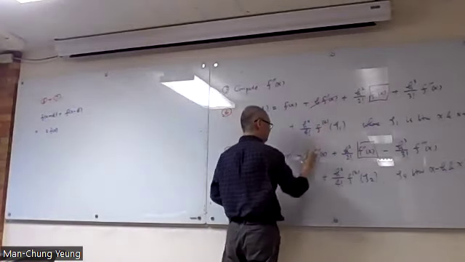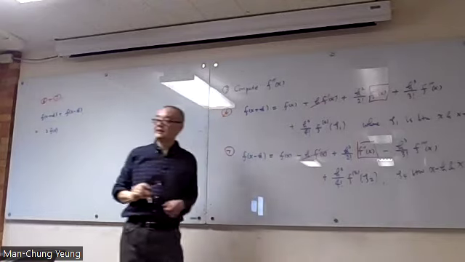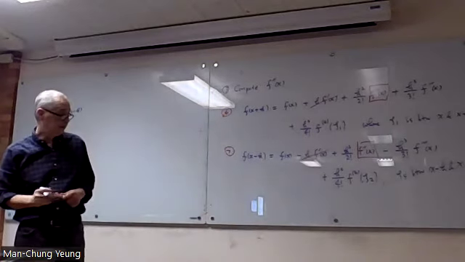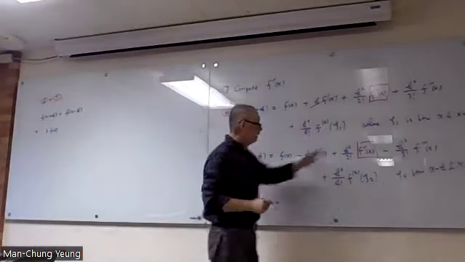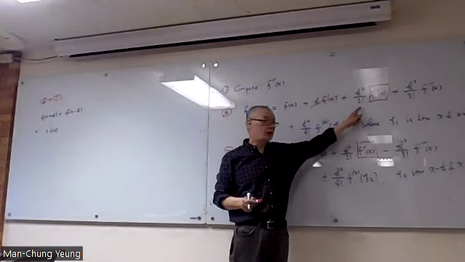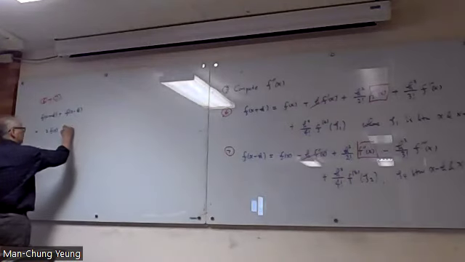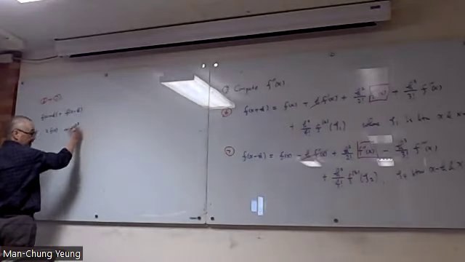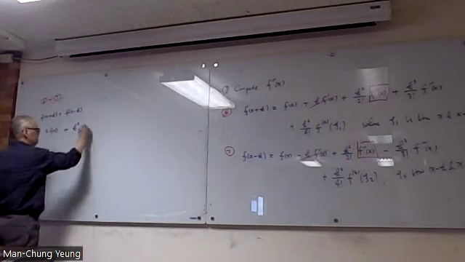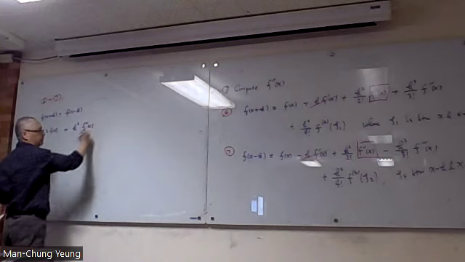The first derivative term is cancelled. 2 factorial is 2, so this plus this is h squared times the second derivative.